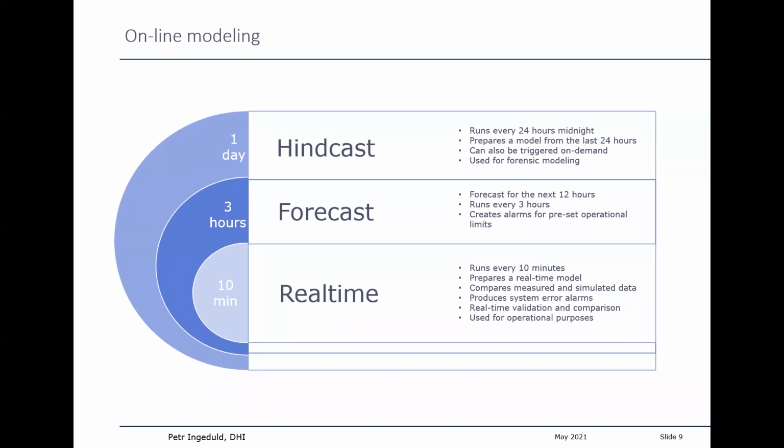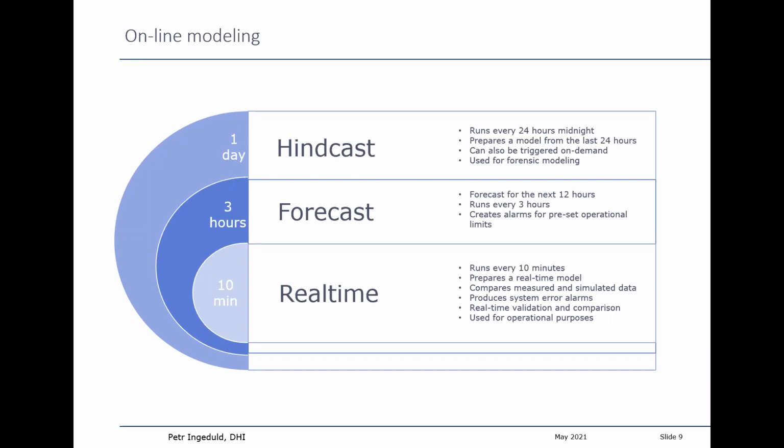And then we have forecast mode, which will typically run several times per day, once per day, twice per day, or every 3 hours. And in the forecast mode, the hydraulic model will run prediction of hydraulic or water quality conditions for the next several hours or several days. We usually do up to 3-4 days.